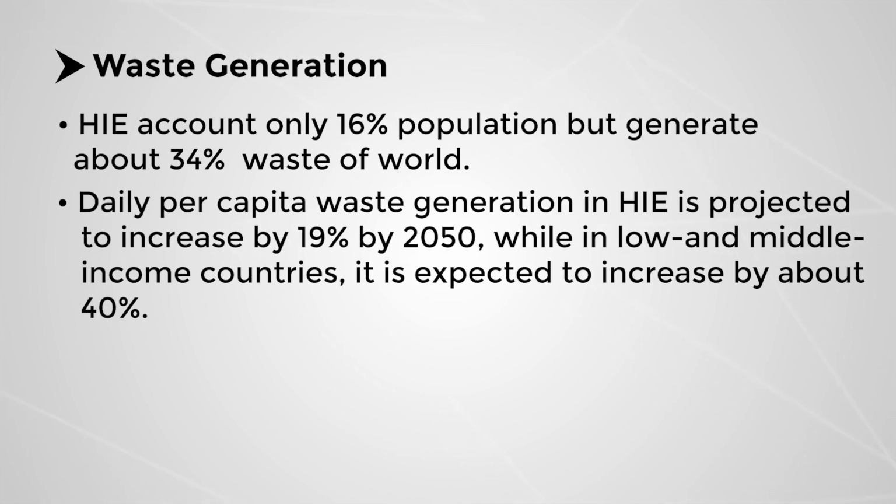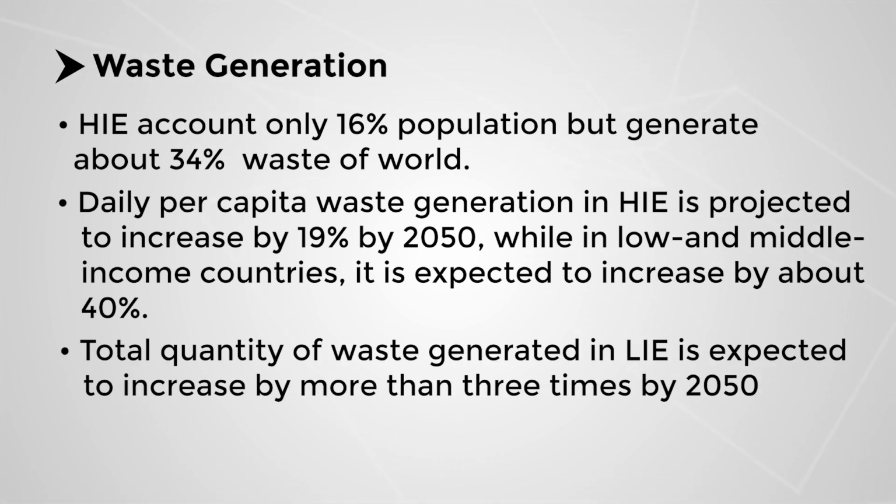And daily per capita waste generation in high income economies is projected to increase by 19% by 2050, while in the low and middle income economies it is expected to increase about 40% by the year 2050. The total quantity of waste generated in low income economies is expected to increase by more than 3 times in the next 26 years.